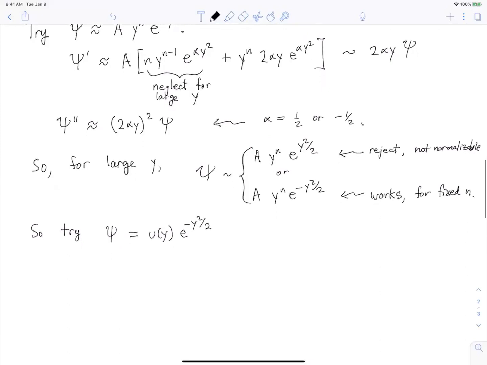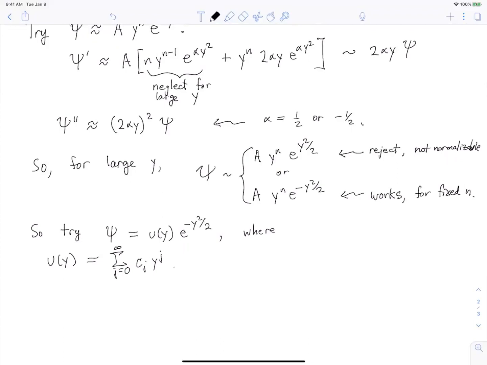So as long as u of y is not some exponential, this will have the same properties as the solution we found for large y. And so in particular, we can try u of y is just a sum of powers of y. So let's do that. Sum j equals 0 to infinity, c sub j, y to the j power.